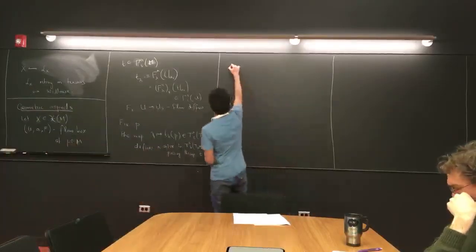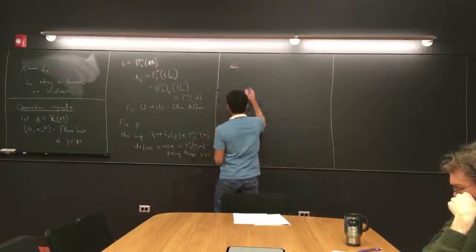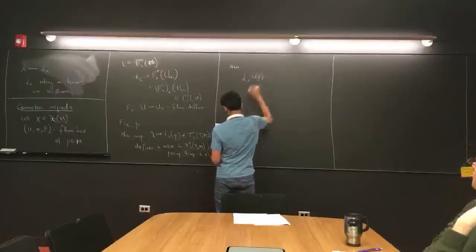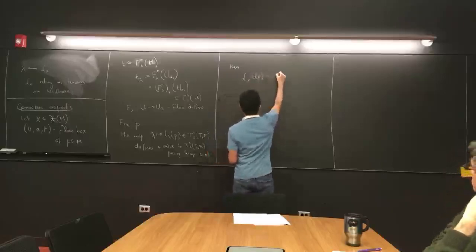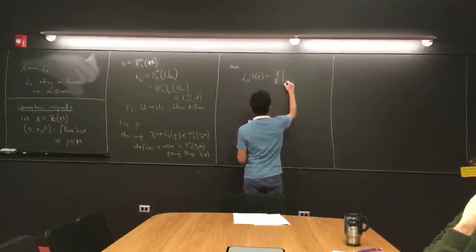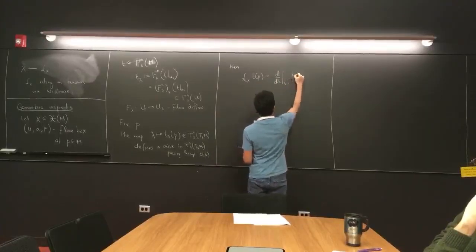And then we have the Lie derivative with respect to X of T at P is equal to the derivative at lambda equals 0 of T lambda of P.